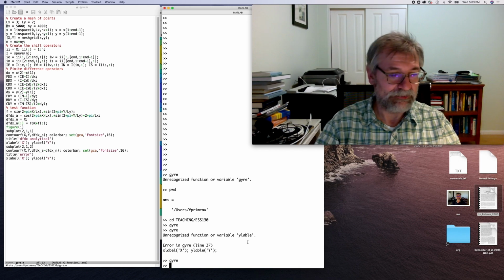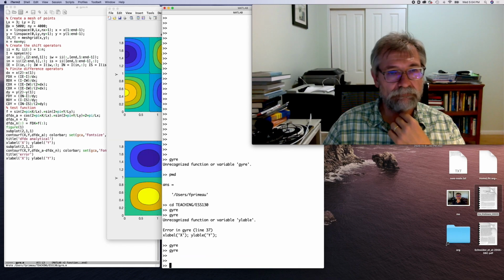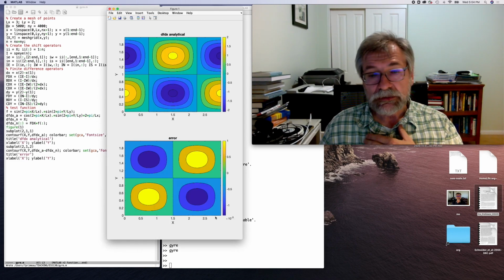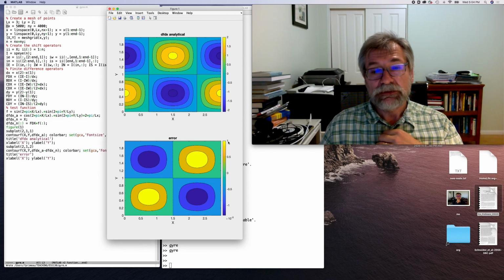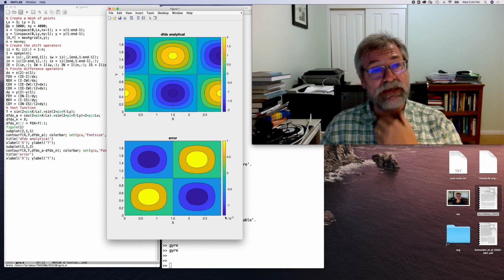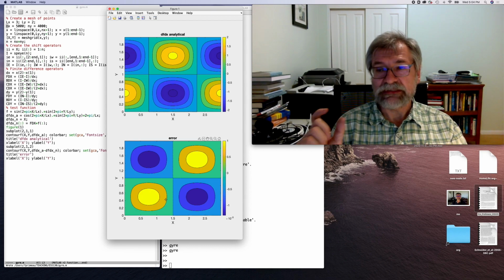So let's try it out. All right, let's look at the error. So now the error is of order 10 to the minus 3. So that is indeed a factor of 10 smaller error, as if we divided the error by a factor of 10. So it does seem like with these operators, the error is decreasing linearly with the size of the mesh.